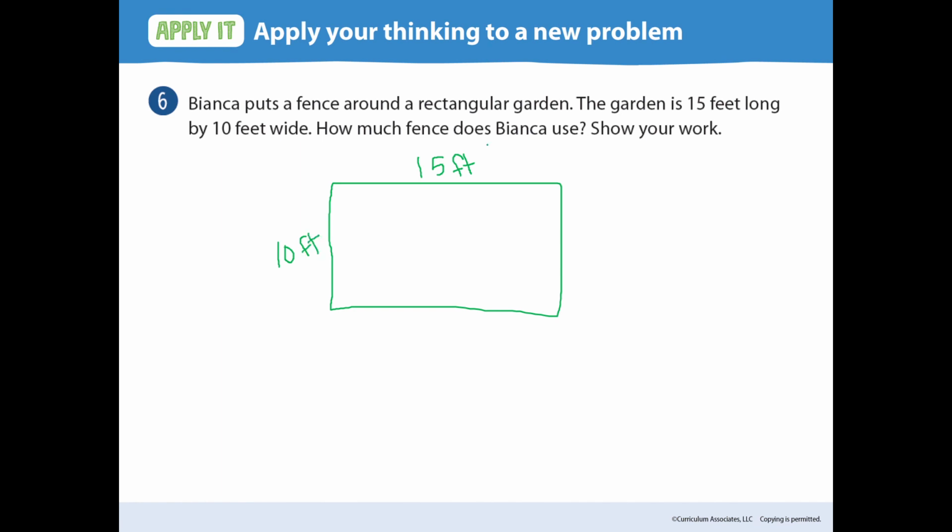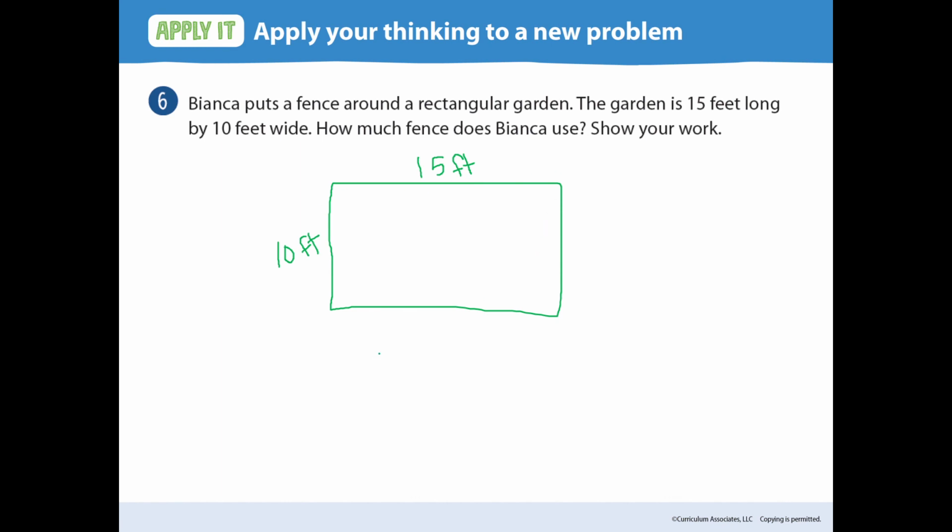Okay, and here's our 15 and 10. How much fence does Bianca use? Show your work. So when it's fence, it's going to go all the way around the outside, which means that we are finding the perimeter of this rectangle. Perimeter goes all the way around the shape.